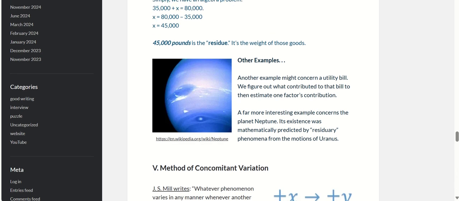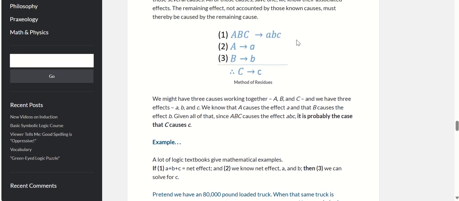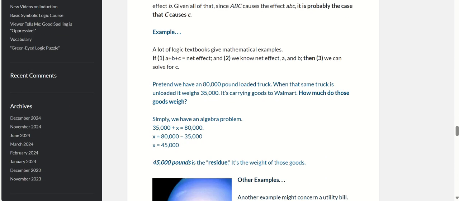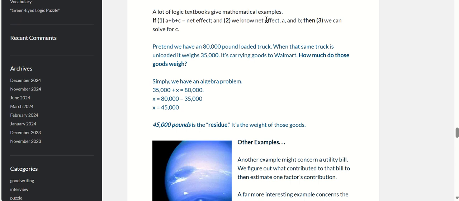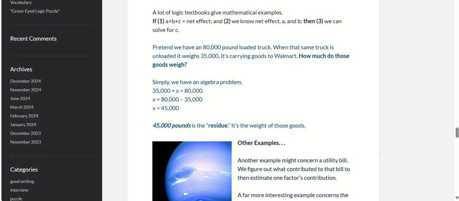So it used this kind of reasoning here, but with much more sophisticated mathematics than the example that you often find in an introductory logic textbook. Okay, so that method does show up.